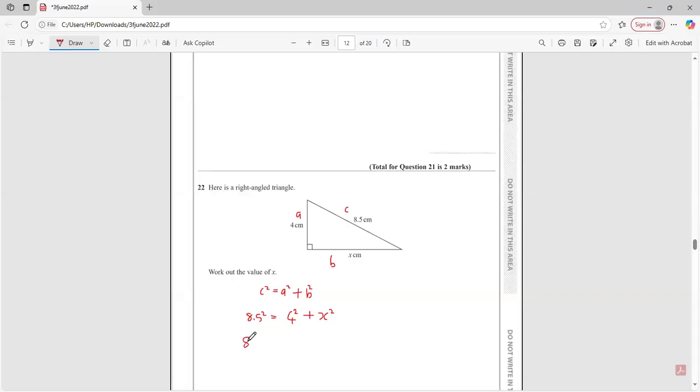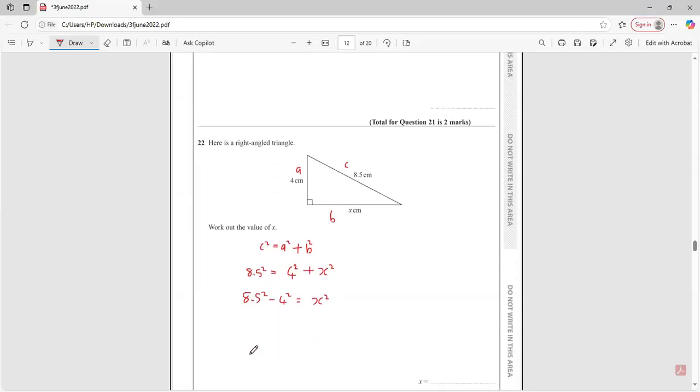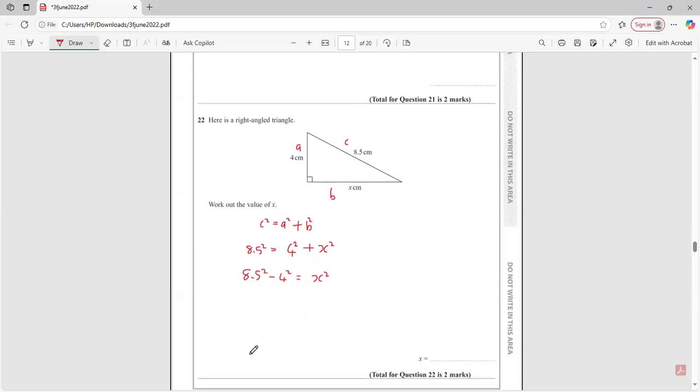That's going to be 8.5 squared minus 4 squared, which we know is 16, which will be equal to x squared. That's all that will be left on the right-hand side. Okay, so can you help us work out 8.5 squared? What would that give us?